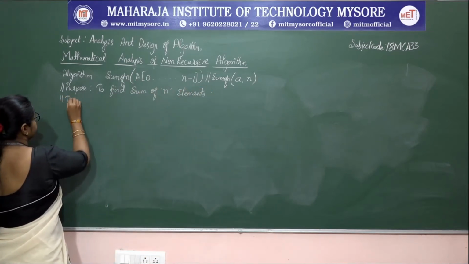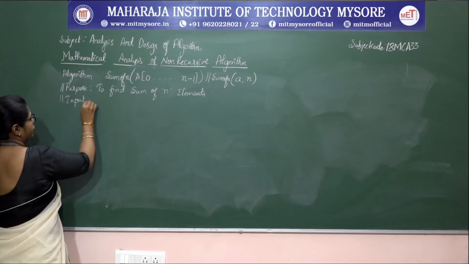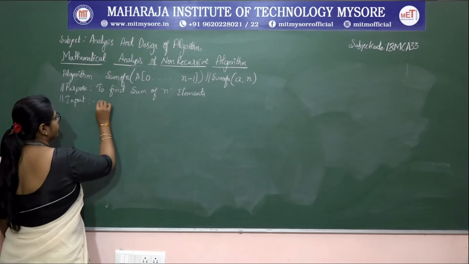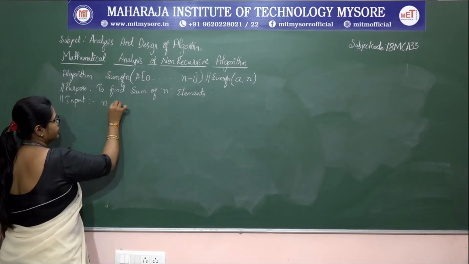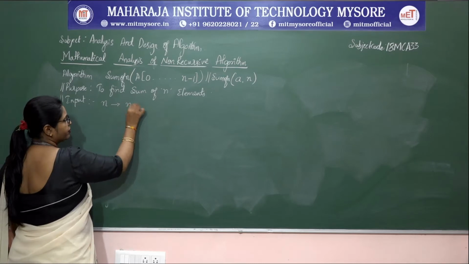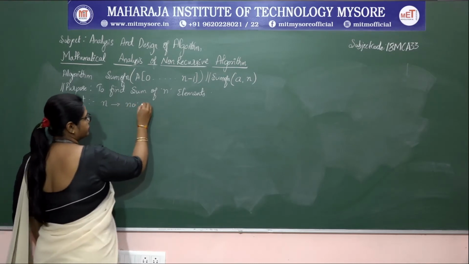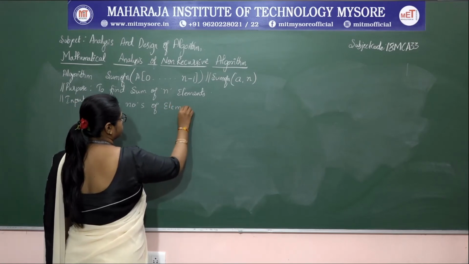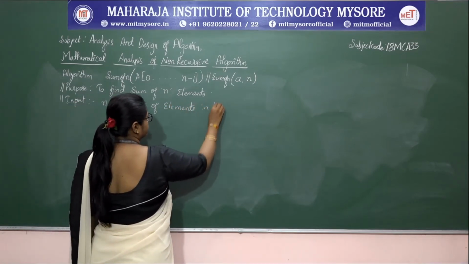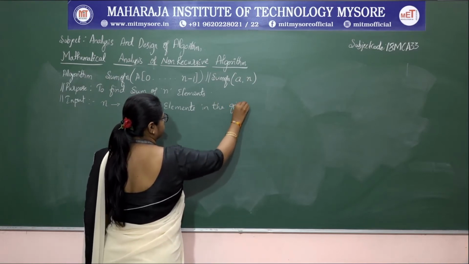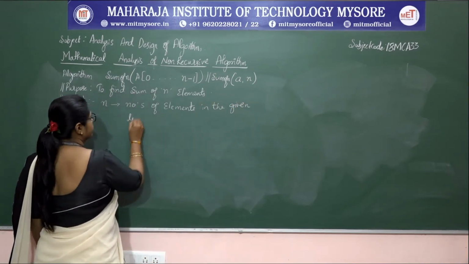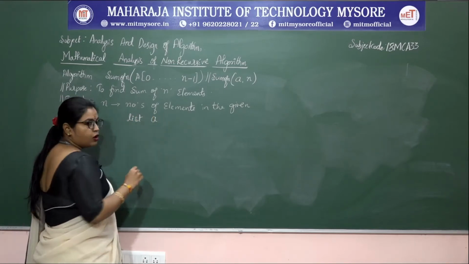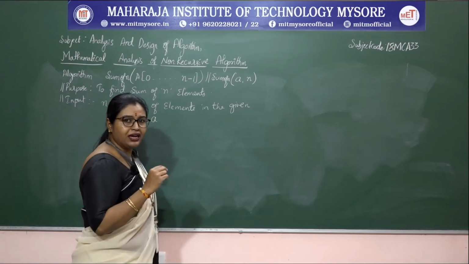Next, inputs. This is very important. So what is the input? N, in the sense the number of elements in the array, and the given list called array A of 0 to n minus 1 elements.